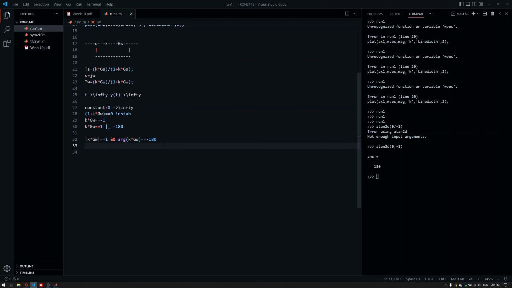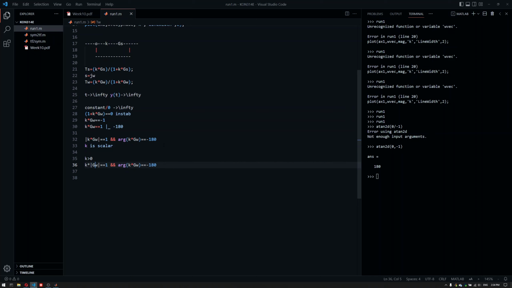Since k is a scalar, this is important. k can be positive, and we will also look for the negative case. If k is positive, I can do this.